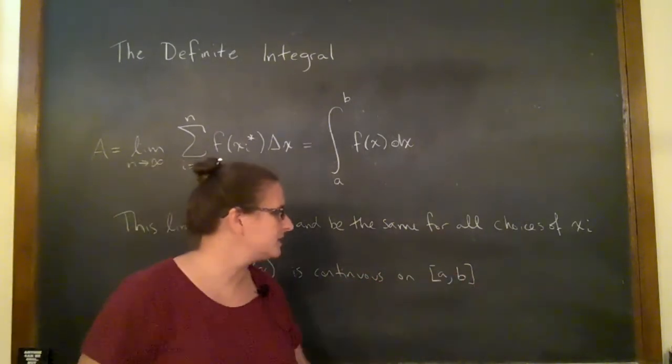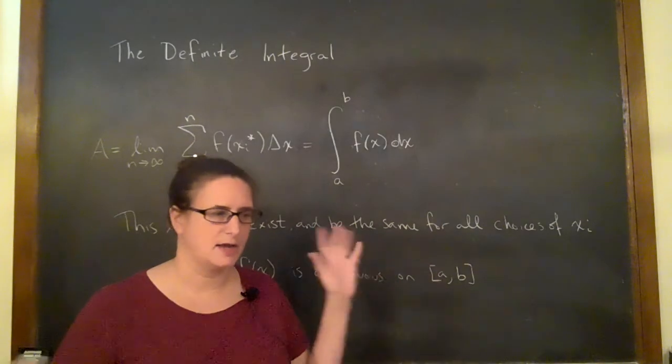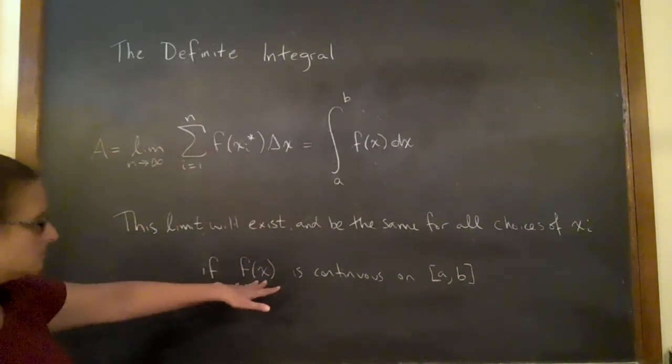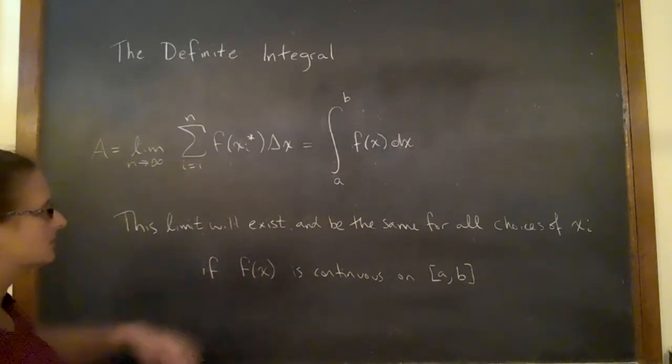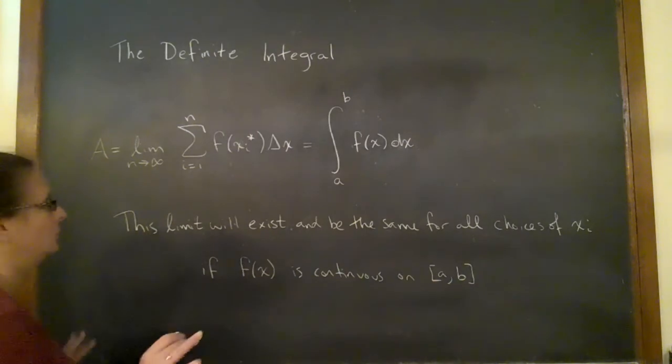Including at the endpoint. So we're not going off to infinity or anything. You're not having something which is like wildly discontinuous or anything, okay? You can relax this a little bit, but once it's continuous, it will definitely work, okay?